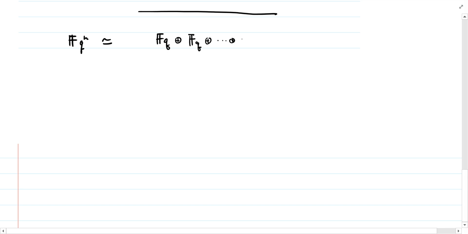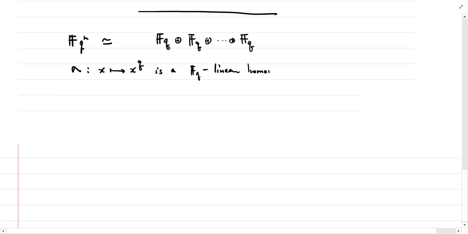And one checks that sigma is an F_q-linear homomorphism from this vector space to itself.